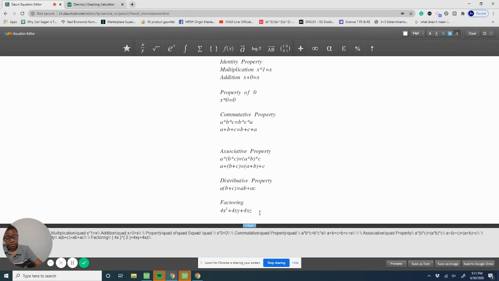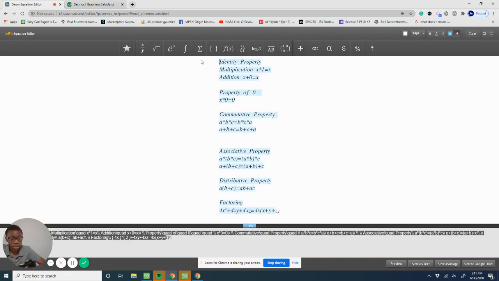In factoring, you look for all that they have in common. 4x squared is actually just 4x times x. So this has 4x times x, 4x times y, and 4x times z. They all have 4x in common, so you can do this. And this is factoring. Those are the properties I want to show you.